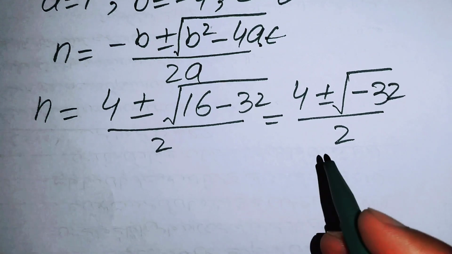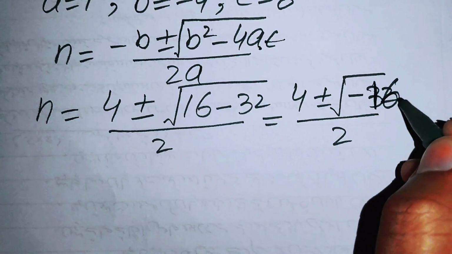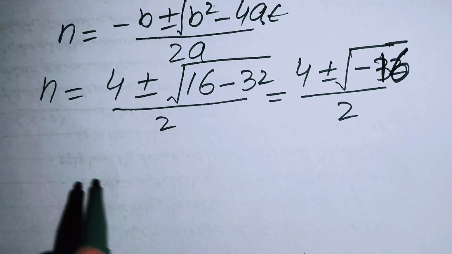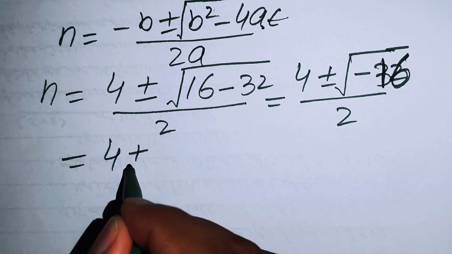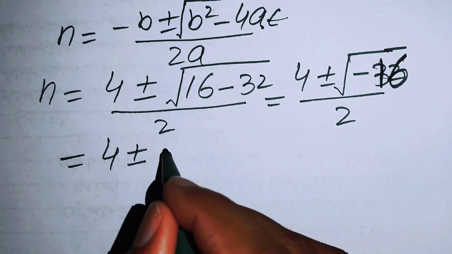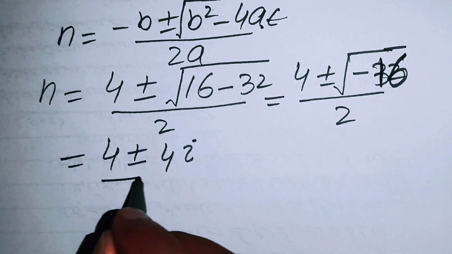And now 16 minus 32 is equal to minus 16, and you have the square root of minus 16 is equal to 4 plus minus, square root of 16 is 4, and square root of minus 1 is iota, over 2.